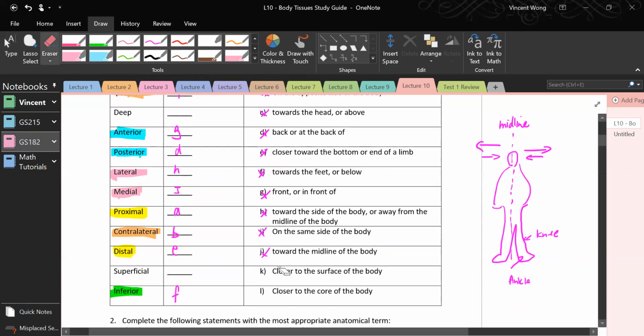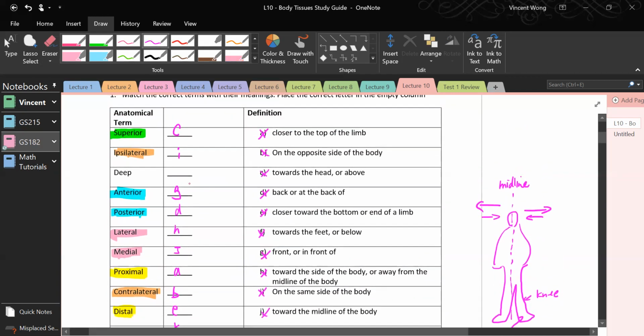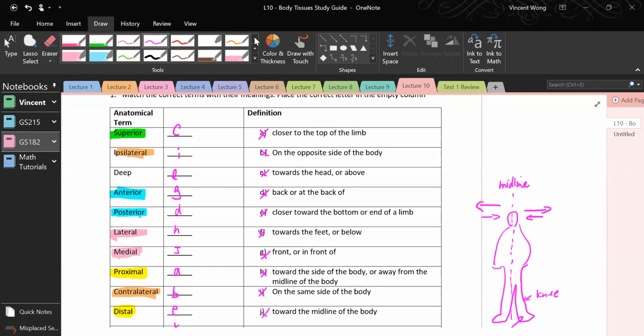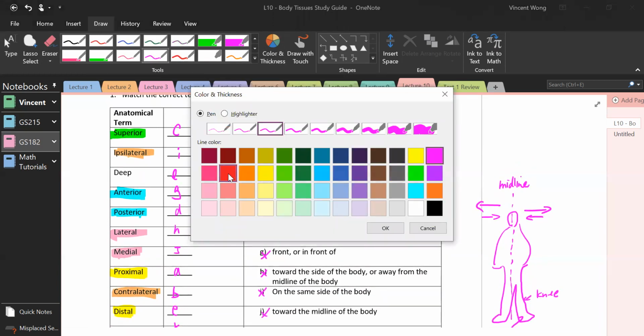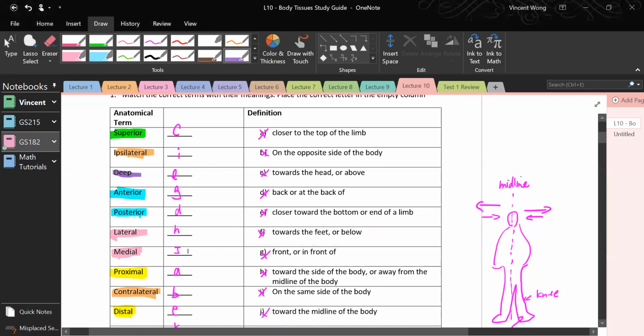Finally, the last two: closer to the surface of the body, that is superficial, and closer to the core of the body, that is deep. Your skull is superficial to your brain because it's outside.